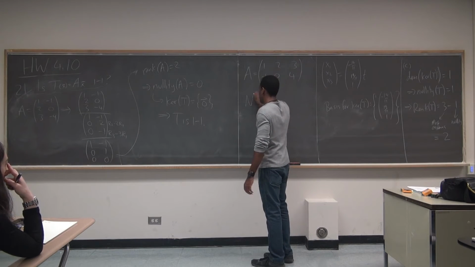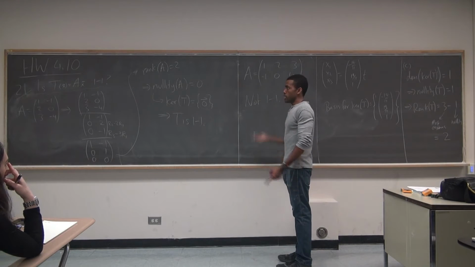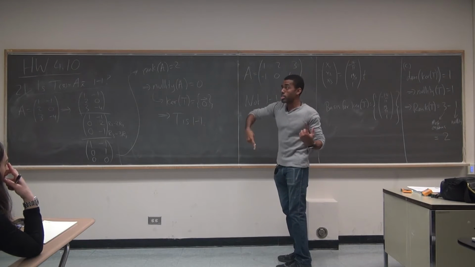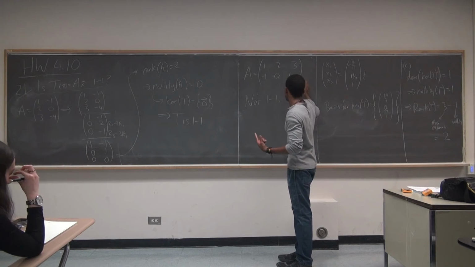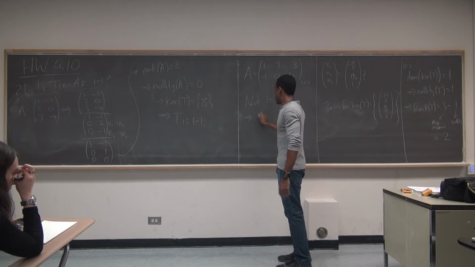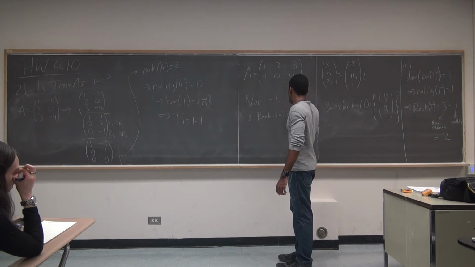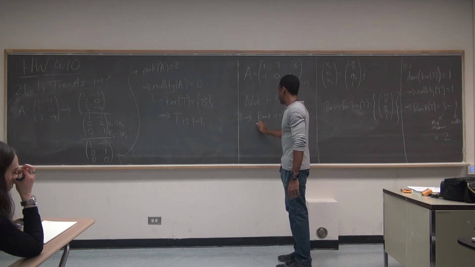Right, so right away you can tell this is not 1 to 1. Based on a homework problem that we answered last time about the size of this guy, this is a 2 by 3. And so we know that the rank is at most 2, right?